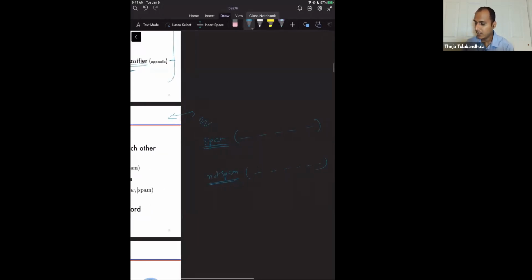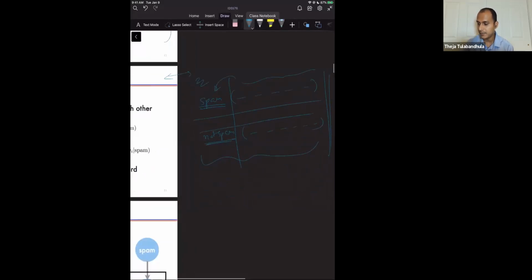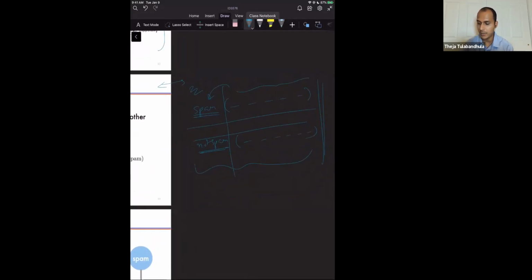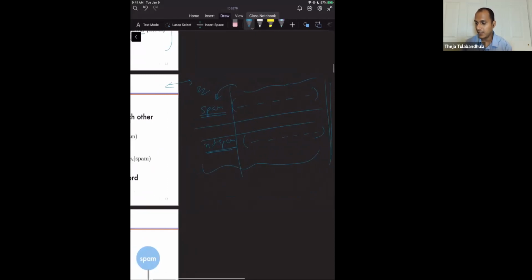So our data set is essentially a bunch of such emails and their labels. Given emails and labels as the training data, we want to build a model which, given a new email, will give me two numbers: the probability that it's spam, and the probability that it's not spam. Of course, they have to sum to 1 because there are only two choices that I'm allowing the model to make. Okay.